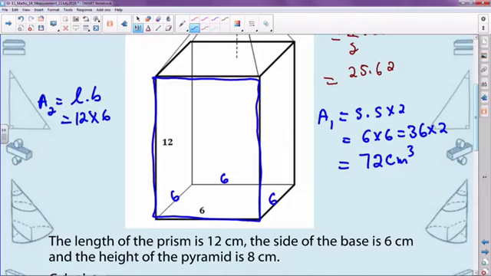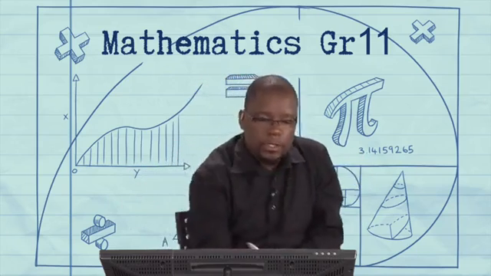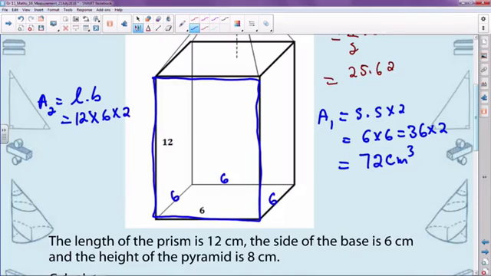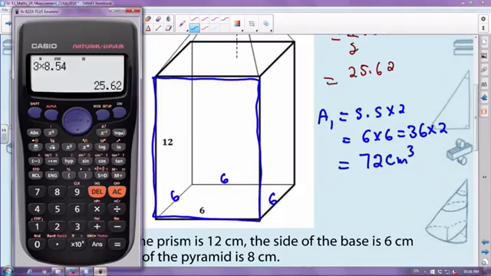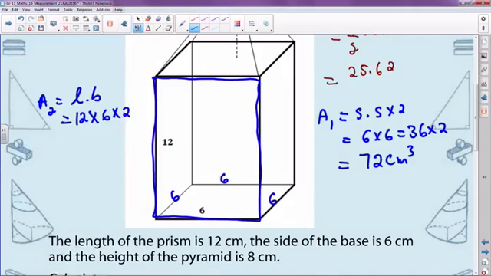But again, the front part is similar to the back part, so that will be times by 2, and we get 12 times 6 times 2, which is 144. So you've got 144 square centimeters. Now, so we've dealt with this front part and the back, bottom and the top.